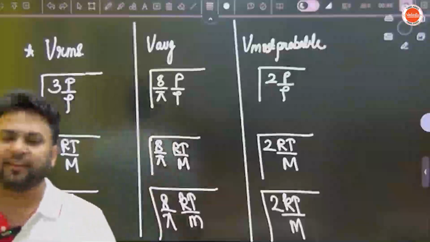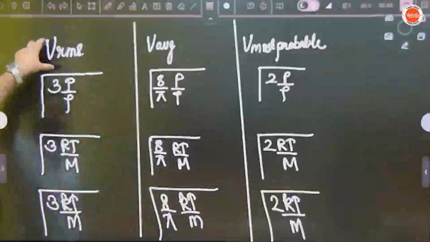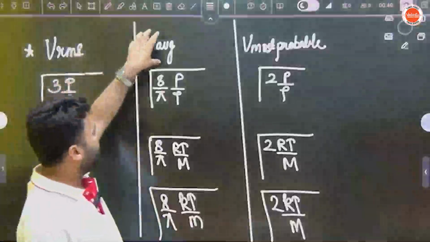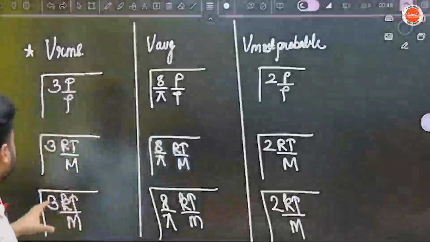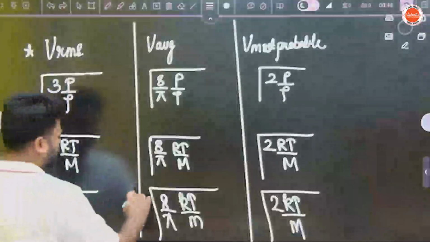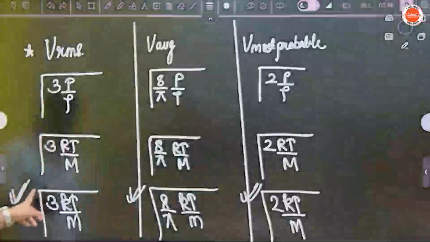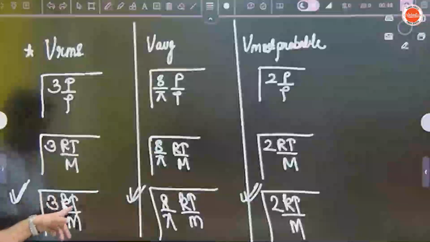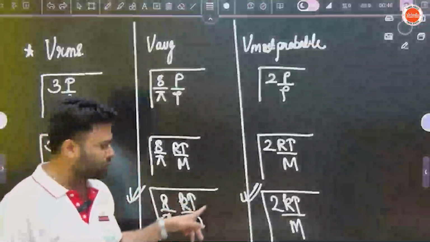Now what inference can we make? Any kind of speed, whether it is RMS, average, or most probable, you see the formula. All velocities are directly proportional to root of the temperature.